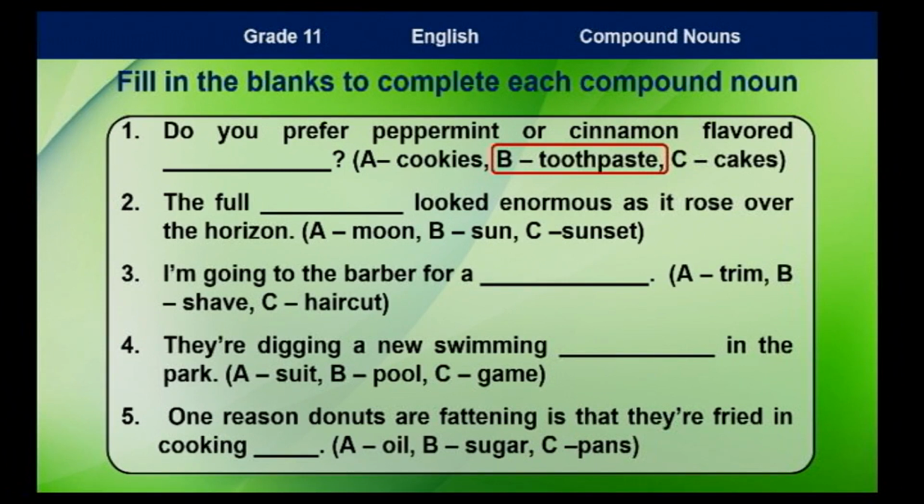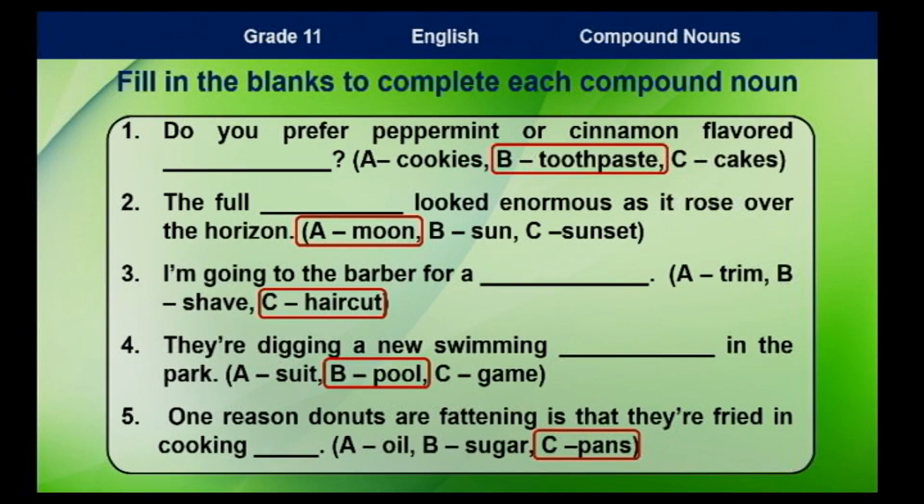The correct word is toothpaste. Second one, the full moon looked enormous as it rose over the horizon. Third, I'm going to the barber for a haircut. Fourth, they are digging a new swimming pool in the park. Last one, one reason donuts are fattening is that they are fried in cooking pans.